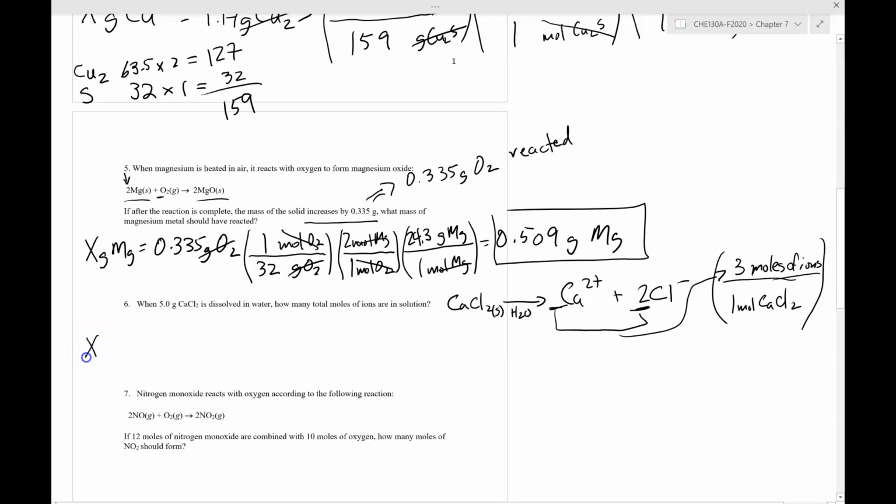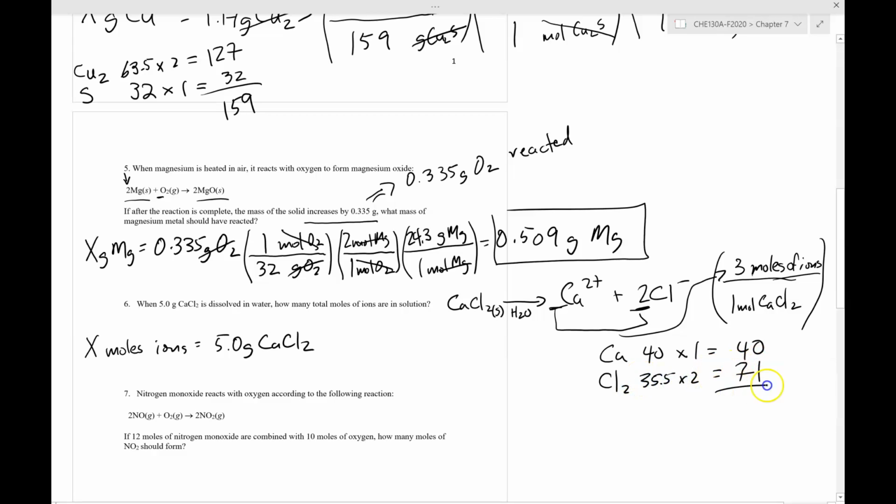So I'm going to say, how many moles of ions are equal to 5.0 grams of calcium chloride? Calcium is 40. We've only got one of them, so we'll call it 40. We've got 2 chlorines. Chlorine's 35.5 times 2, that's 71.